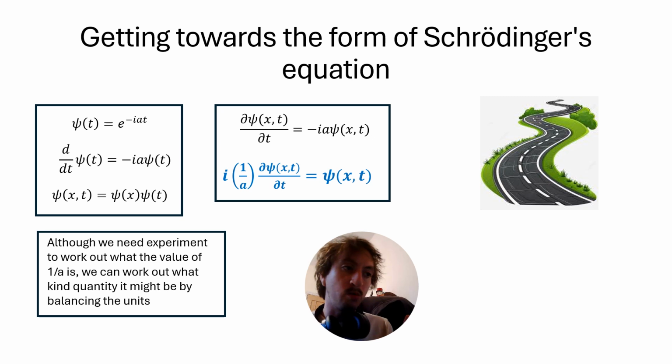So the units of psi, our wave function, is somewhat debatable. You could say the magnitude of psi squared is probability density, which is probability per unit volume, in the limit that volume becomes infinitesimal.